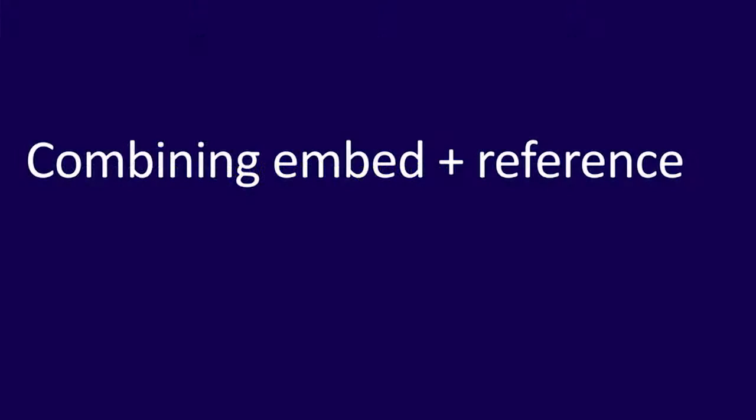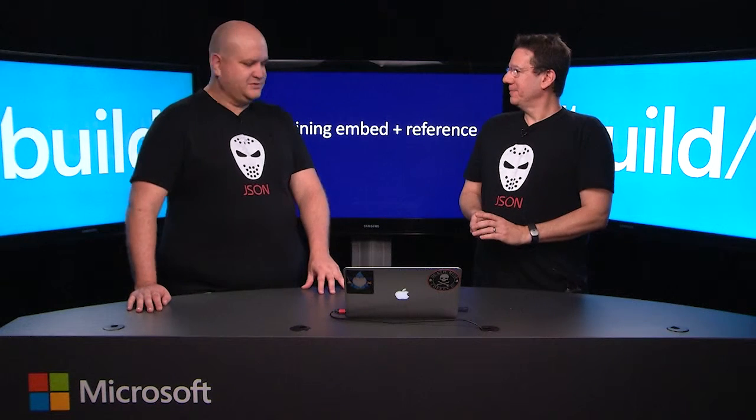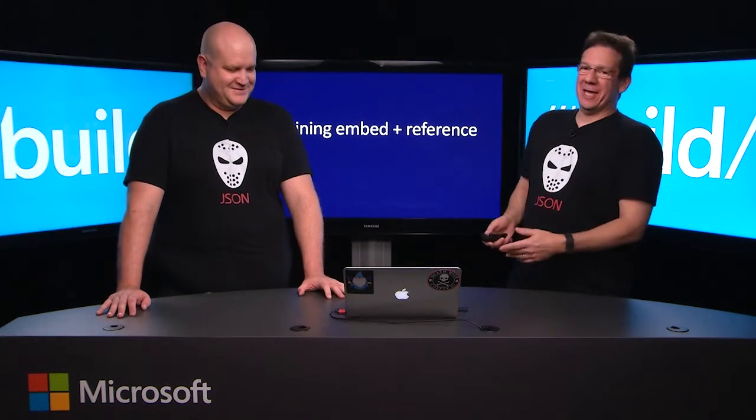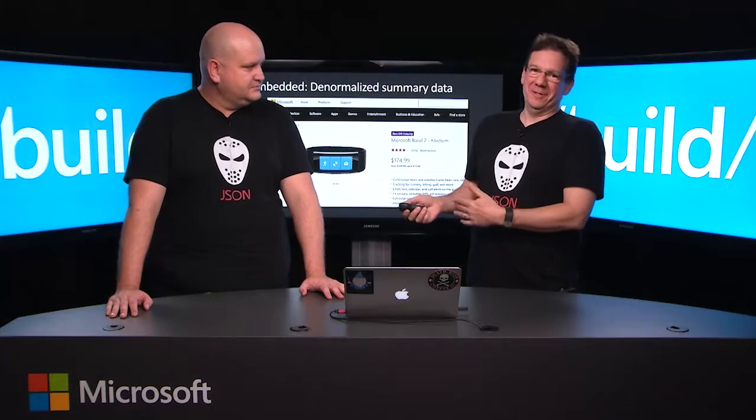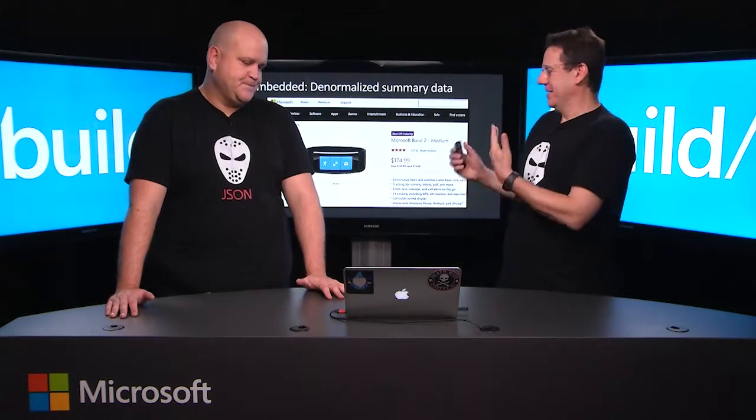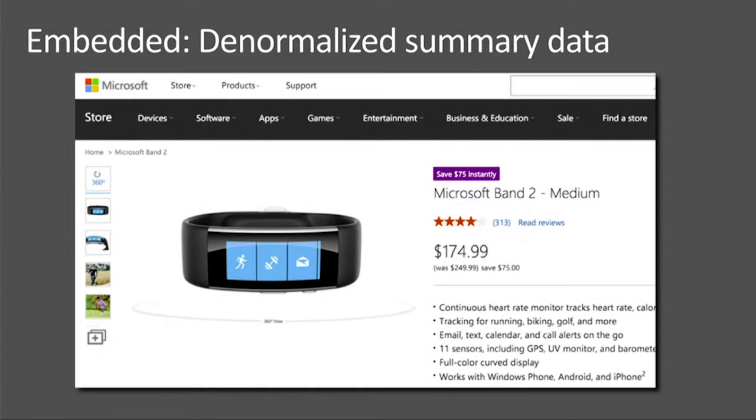Sure. Now, it turns out we can combine referencing and embedding. There's no rule that says I'm always going to embed, or always reference. So let's take a look at a real-world product. Now, we actually don't know how this site is implemented. This is Microsoft Store. We just grabbed a snapshot of one product page.